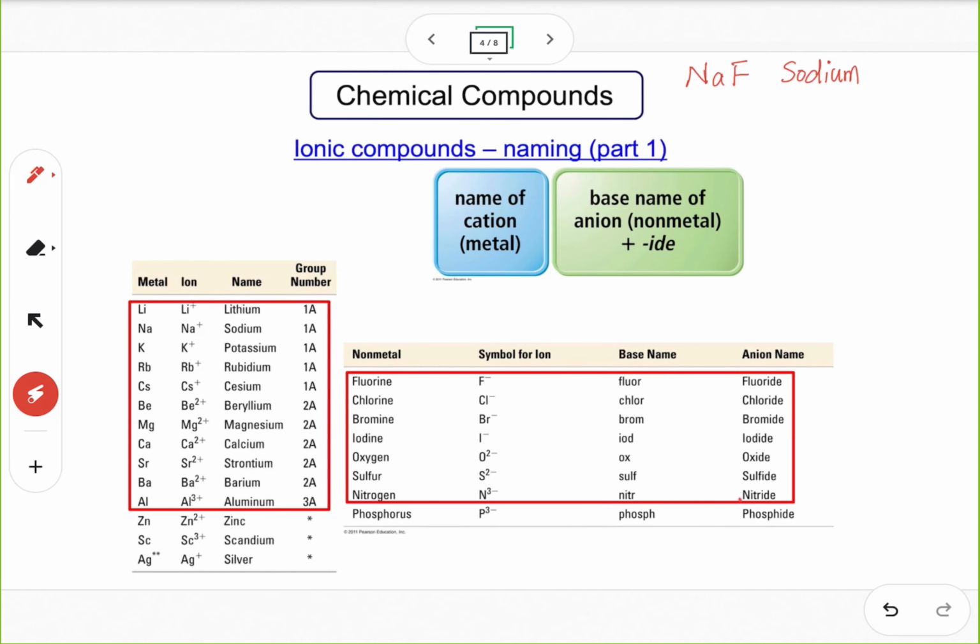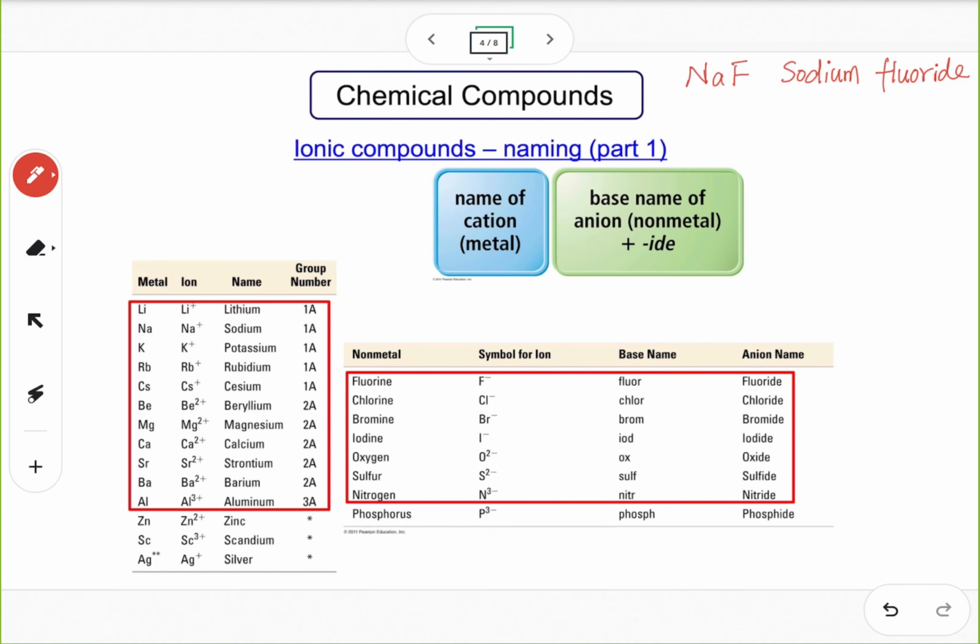F minus would be fluoride in this case, so the name of this ionic compound is sodium fluoride.